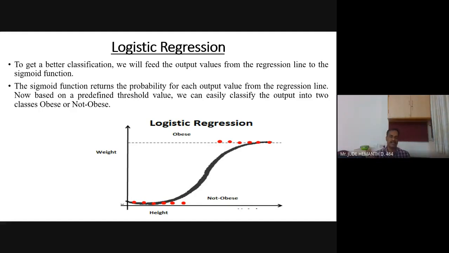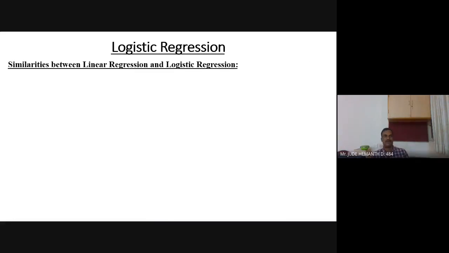When you look at the highest point, the weight is more, and when the weight is more, you say that it will most probably be obese. So I hope you understood the concept of logistic regression. The highlighting point is that logistic regression is used for binary classification.